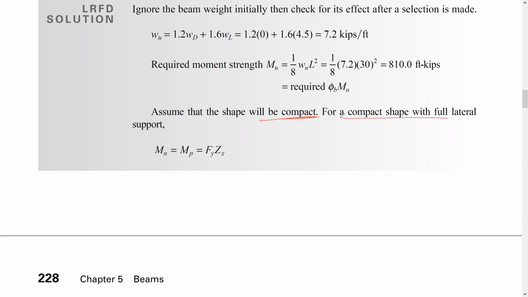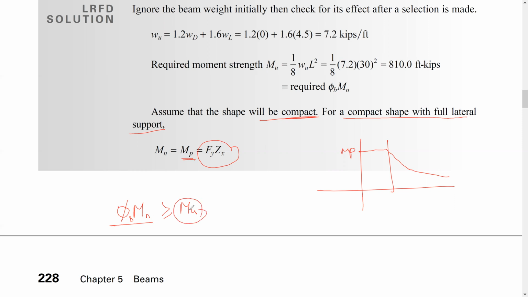When we said full lateral support, you remember that in this case Mn is equal to Mp. So Mp is equal to the yield stress times the plastic section modulus. So the available capacity, phi Mn for beams, should be greater than or equal to the applied moment. This must be greater than the applied moment that we found here.